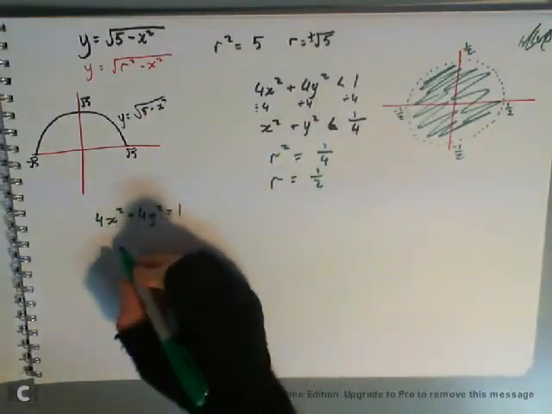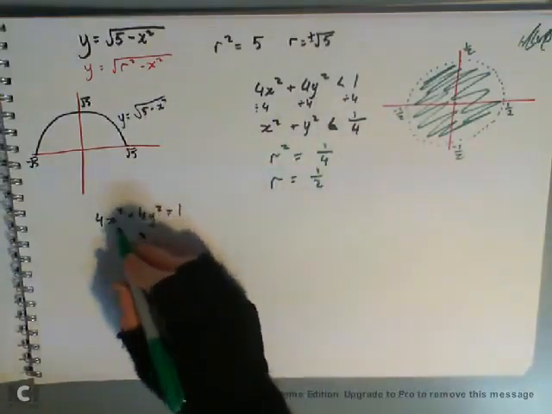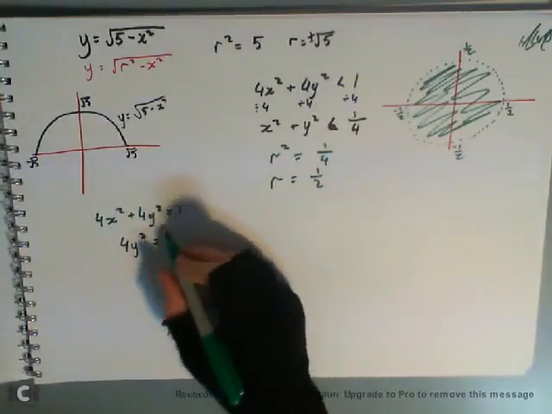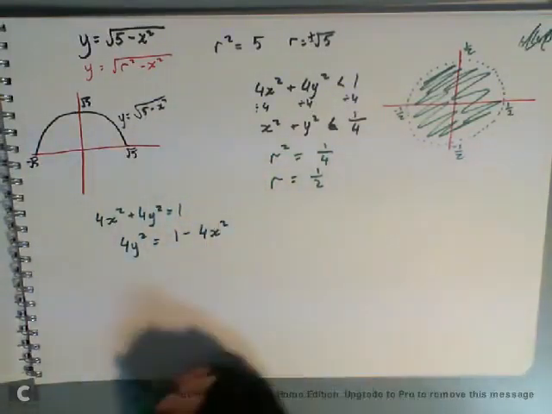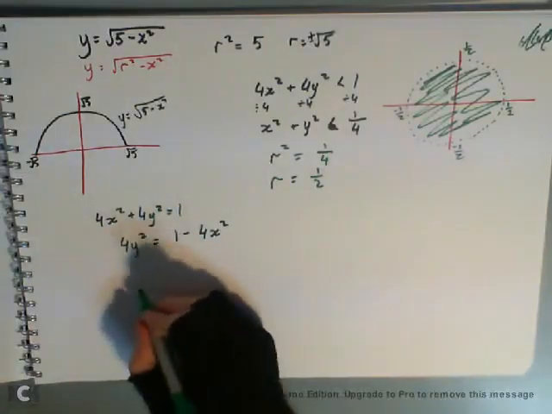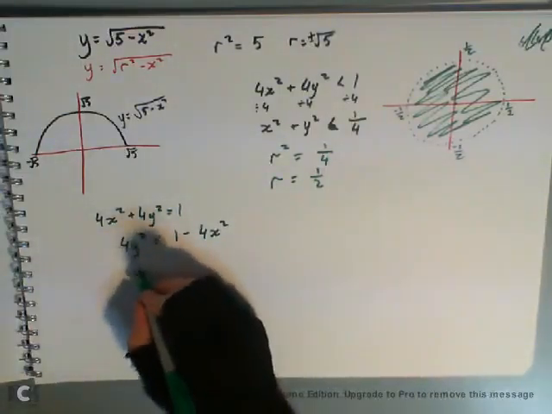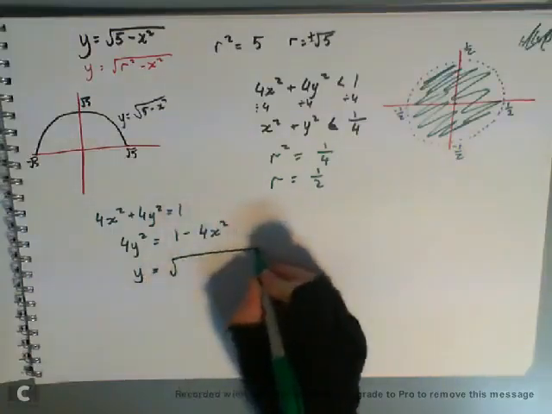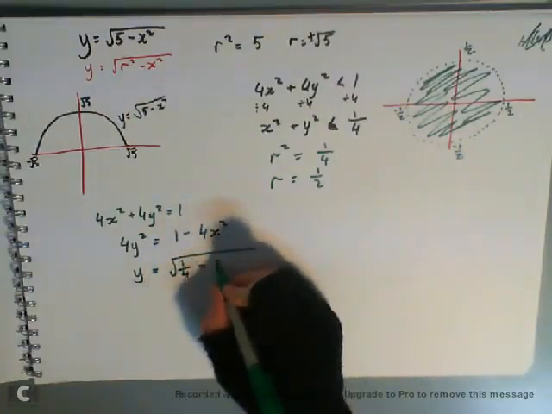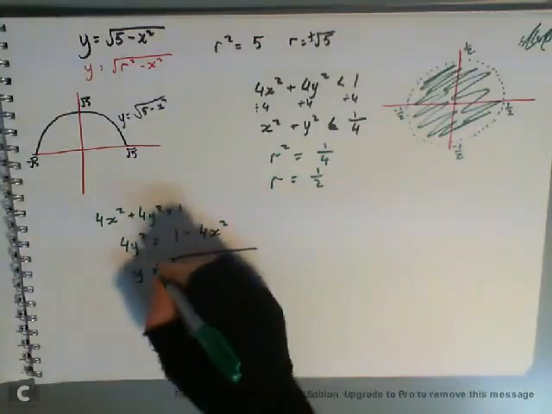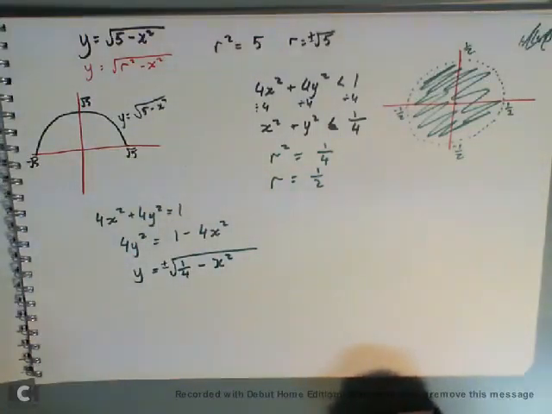So rearranging to get y by itself, taking the 4x squared, dividing by 4, and then taking the square root of it. And we get a quarter take x squared.